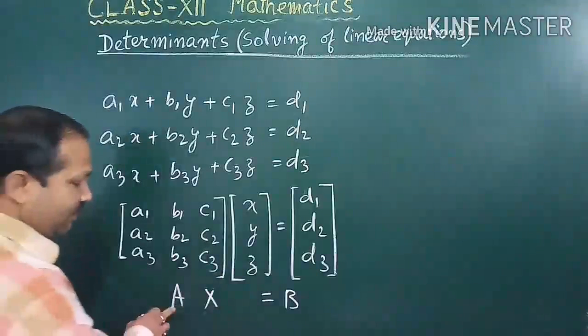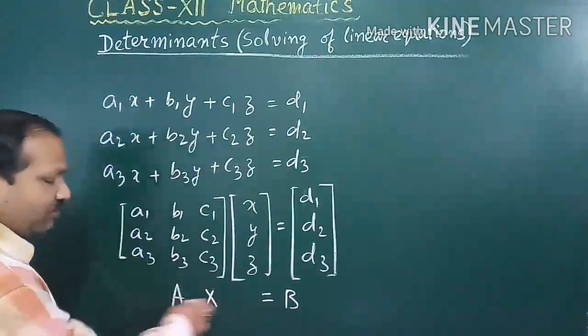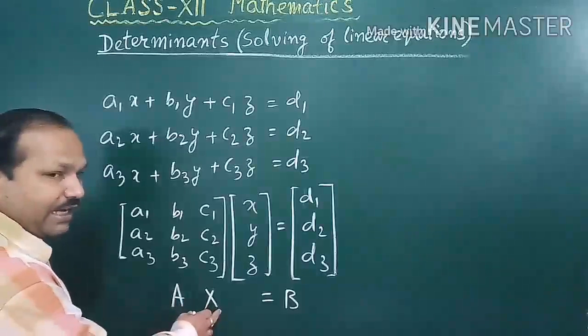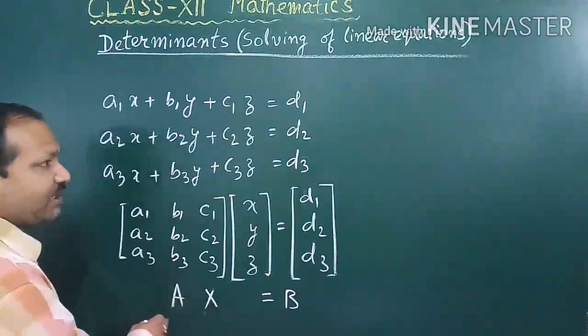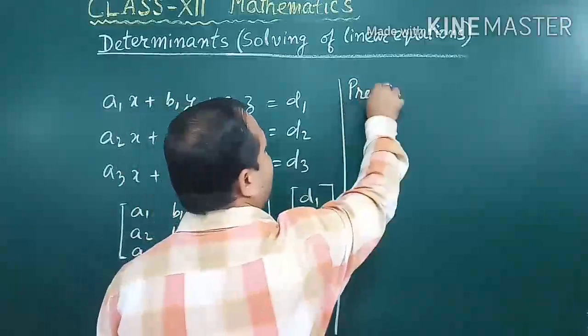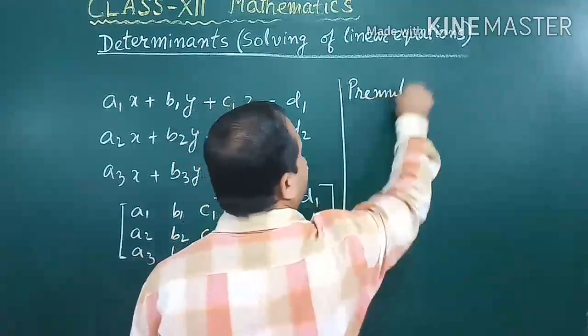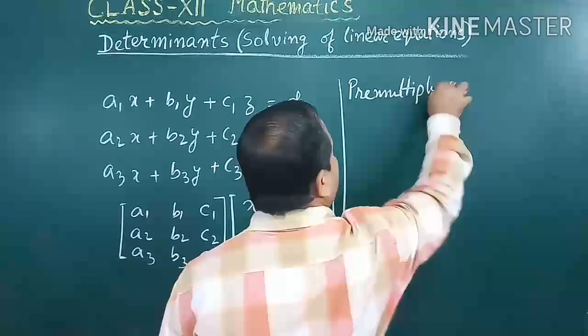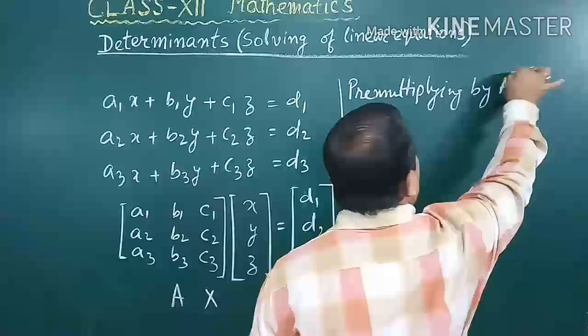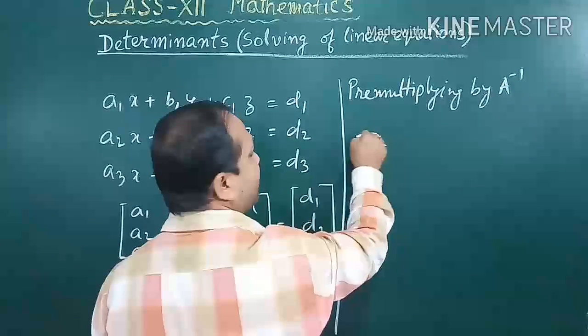So how to find X from that? For that we will do pre-multiplication by A inverse, because here A, here X. So we have to do pre-multiplication. So pre-multiplying by A inverse, if we do, then what will happen?